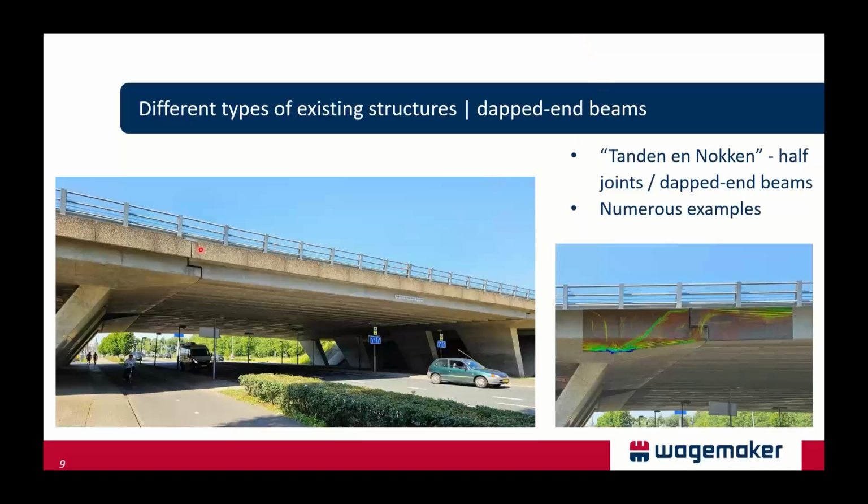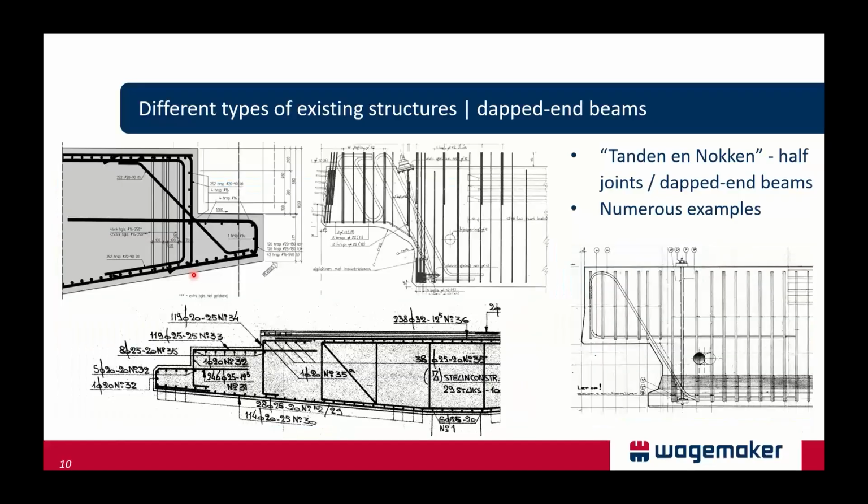So basically, this is the half joint with the notched beam on top of it, in between an elastomeric bearing, and it's supported by a cast in situ supporting structure, so to say. So this is the kind of structures we use the software quite frequently for.